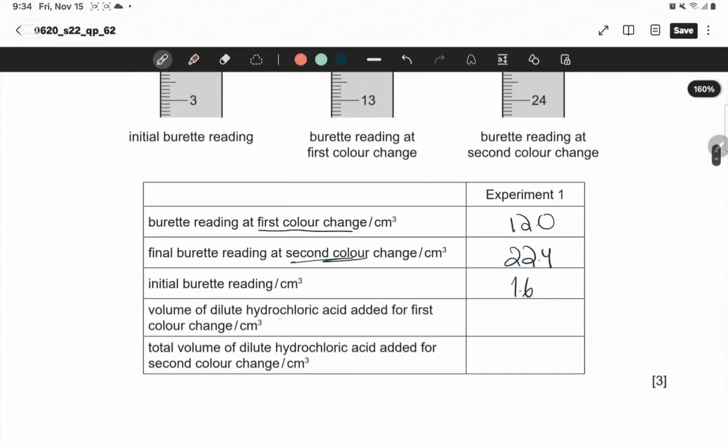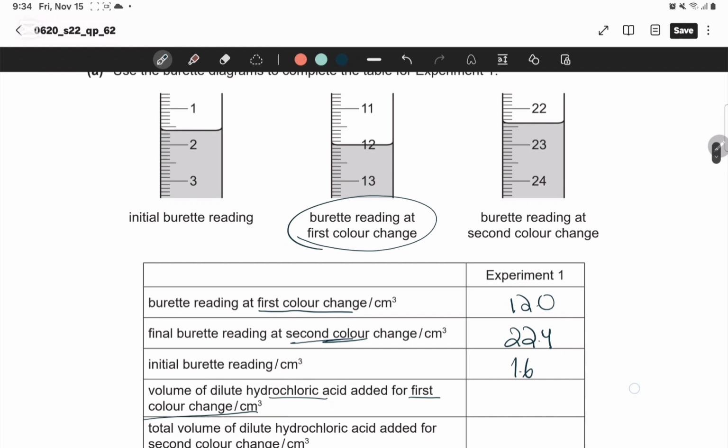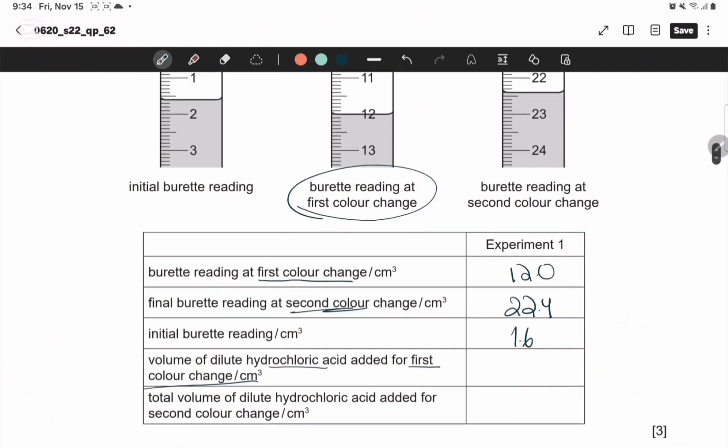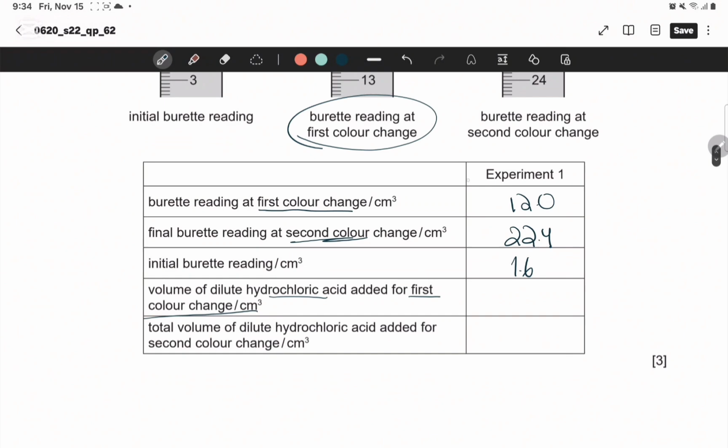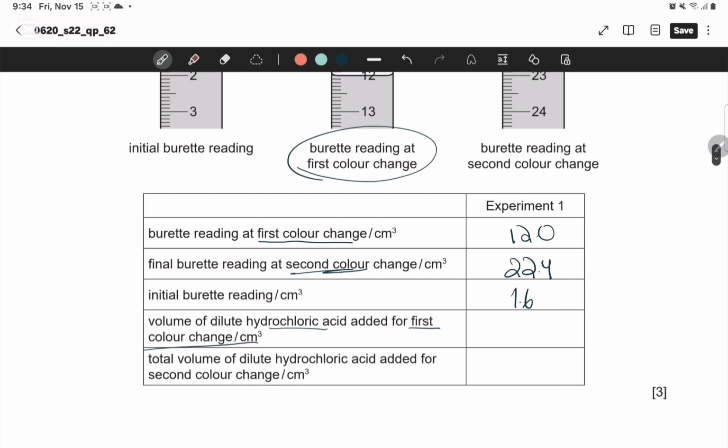Okay, now let me erase all that. Volume of dilute hydrochloric acid added for first color change. So over here, you're gonna do the burette reading at first color change minus the initial burette reading. So 12 minus 1.6, then you're gonna get 10.4.